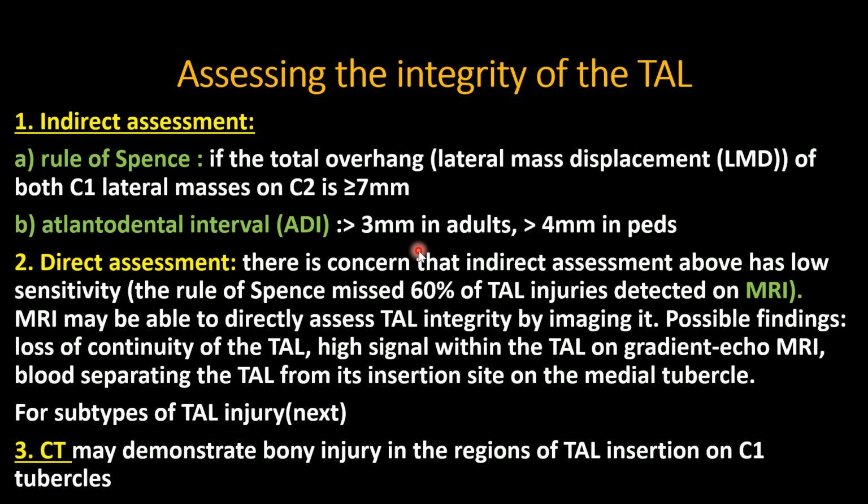The integrity of the transverse ligament can be assessed directly or indirectly. Indirect assessment is through the rule of Spence, as we mentioned, and the atlantodental interval, as mentioned before, and the direct assessment is through the MRI, as the rule of Spence missed 60% of transverse ligament injuries, which can be picked up through the MRI.